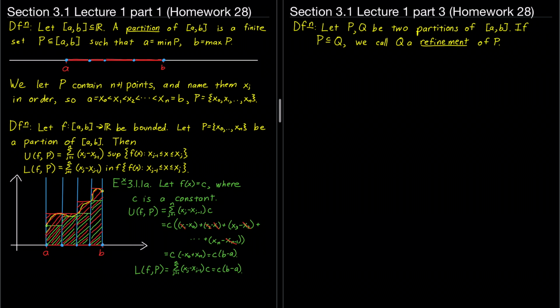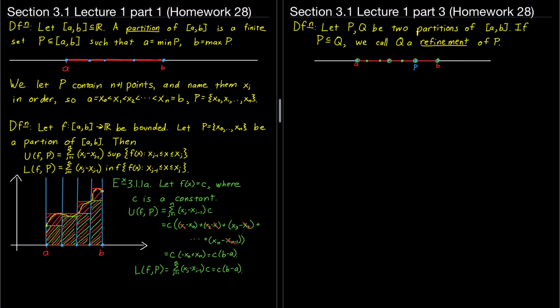And so, of course, that looks a bit like this. Here's our interval from A up to B. Then we're going to take our partition P, and then Q, if Q is a subset, that means we have to keep all of these points, and maybe we throw in a few more.